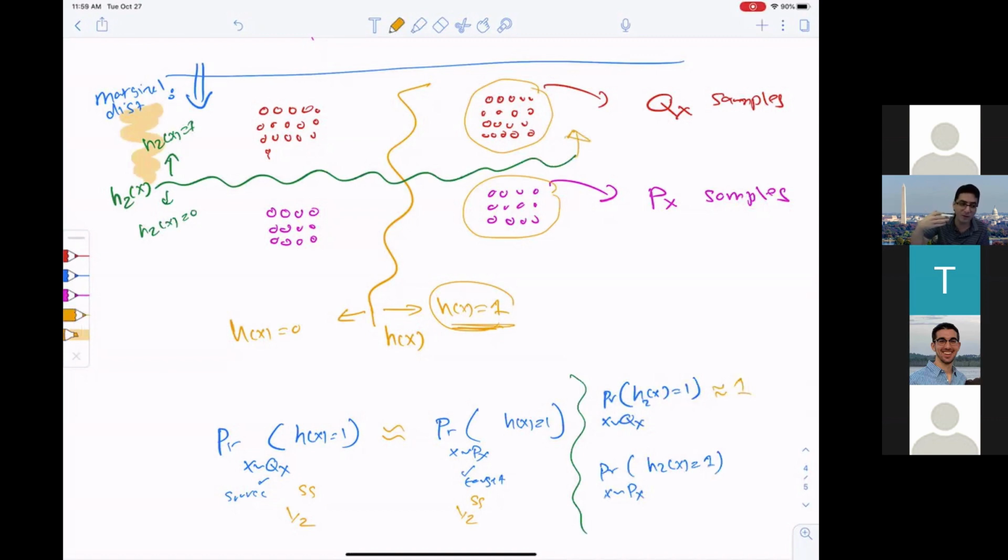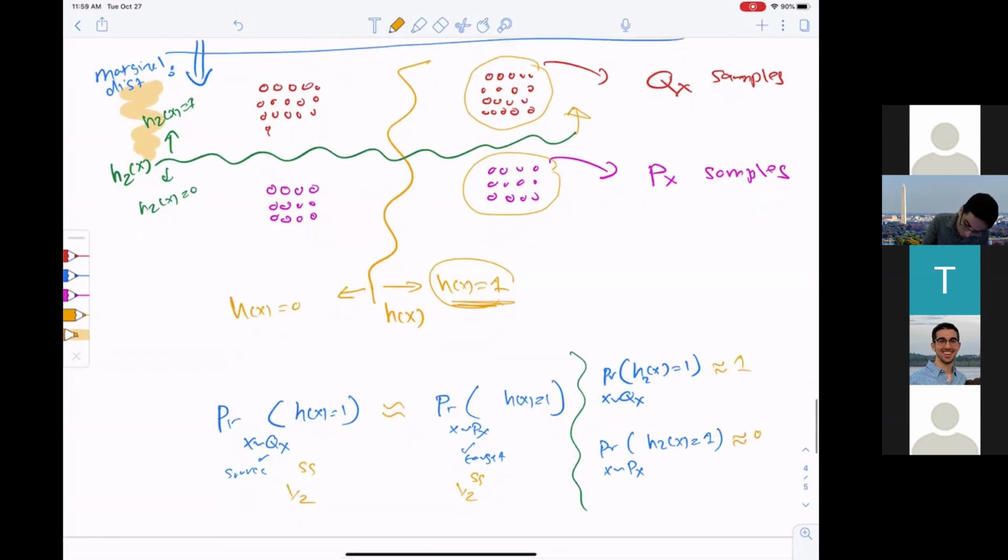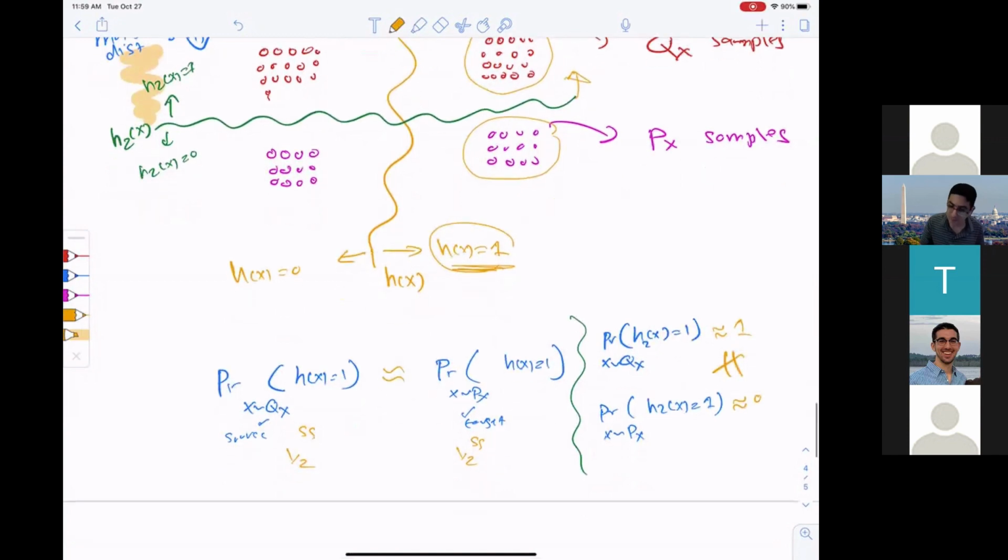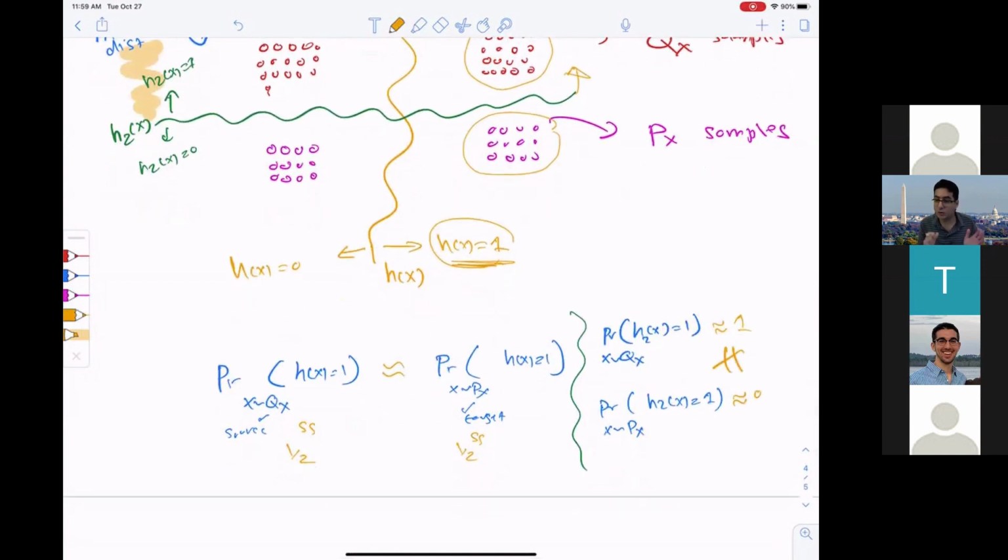Because all of my target samples are below that function. So this is 0. And you see, wow, this is different, right? This is the maximum difference that you can get, since these probabilities are from 0 to 1. So from the point of view of this function, the source and target are different.